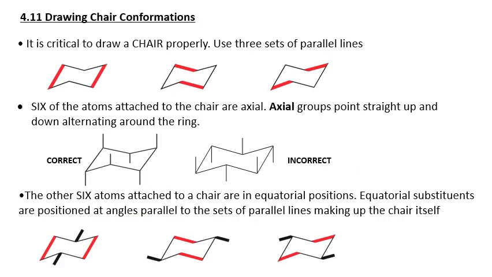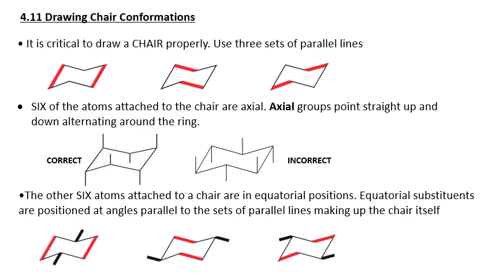All right, you will have to be able to draw chair conformations. So it's really important that we can draw these properly. This requires practice. So there's a couple methods that I'm going to go over. The first is the book's method, and then I'm going to show you my way of drawing the chairs.